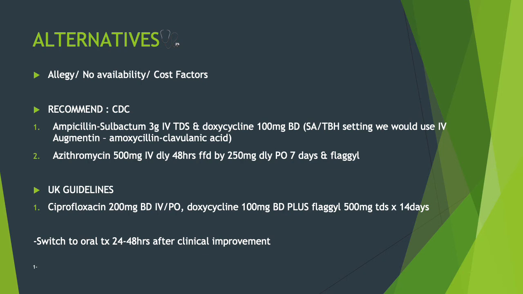This offers a similar cover as ampicillin sulbactam, therefore it's recommended. Azithromycin 500 milligrams IV daily for 48 hours, followed by 250 milligrams daily for 7 days, as well as the addition of Flagyl. These are the alternatives as recommended by the CDC.